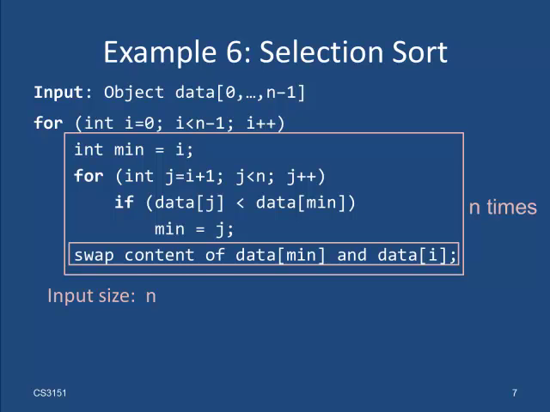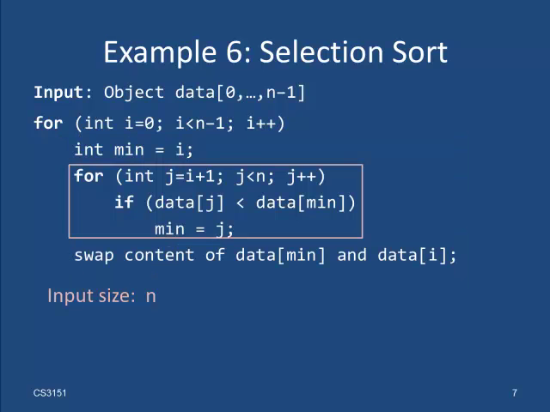Now let's look at the inner for loop. The for loop inside the loop body iterates at most n times. In fact, it iterates at most n-1 times. The exact number of iterations depends on the value of i. The first time i is 0 and therefore j is initialized to be 1. So the if statement is executed n-1 times.